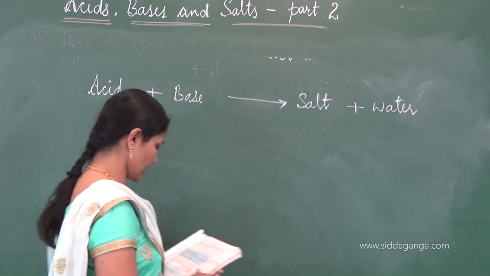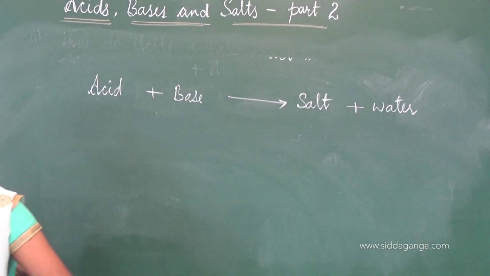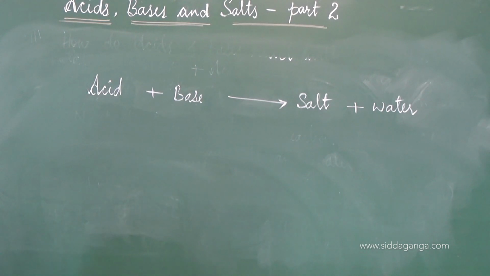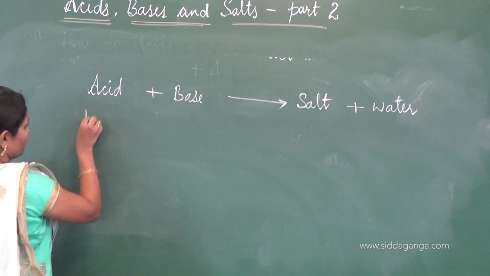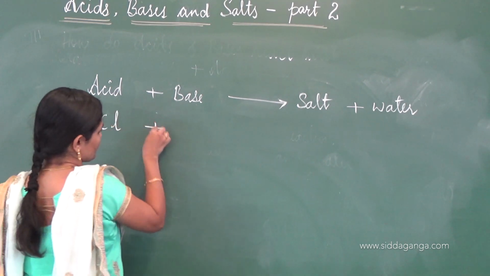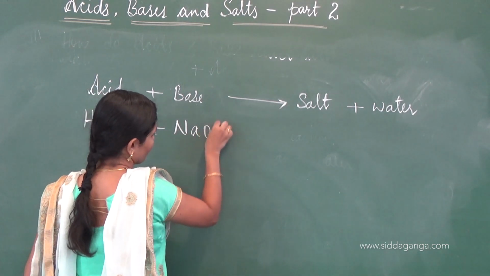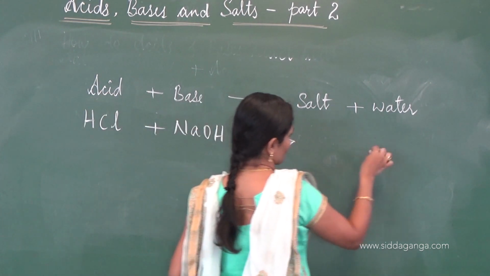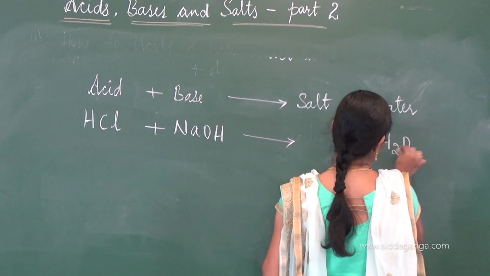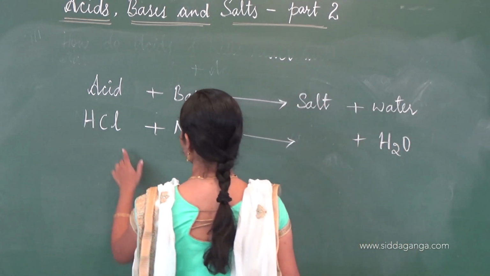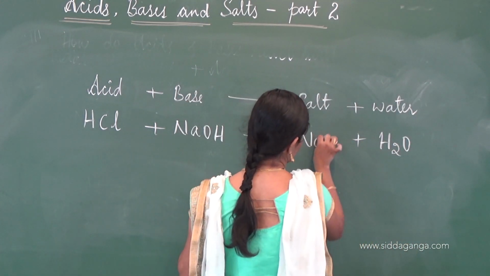First example, the very common and most commonly found example. HCl plus NaOH, that is what we did, will give rise to water, and the salt formed as NaCl.